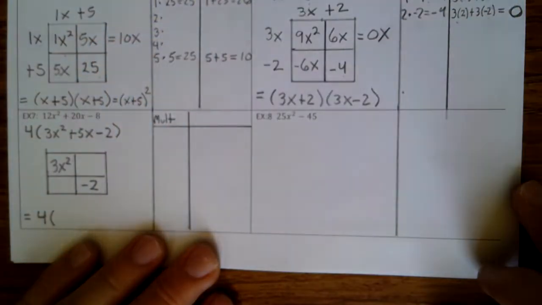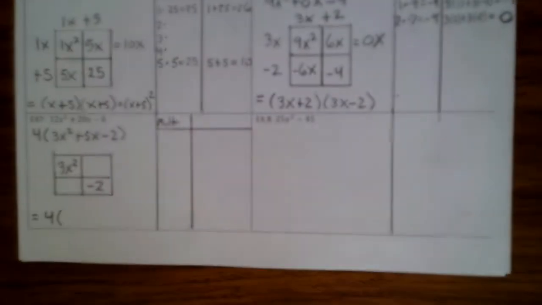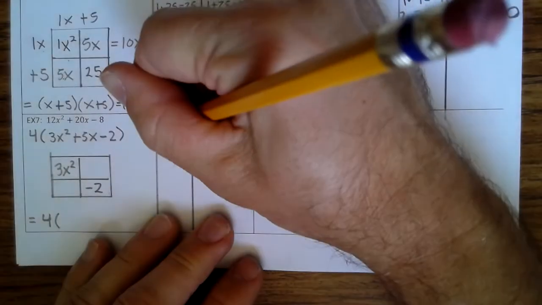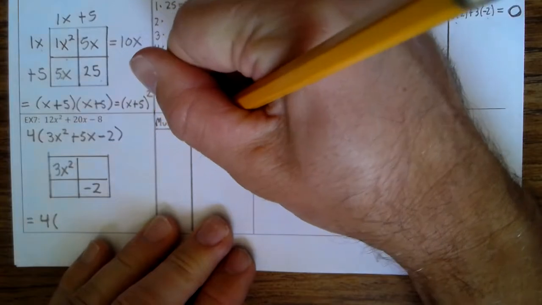And you can abbreviate multiply if you want. You just put MULT. We can fill it in and combine.